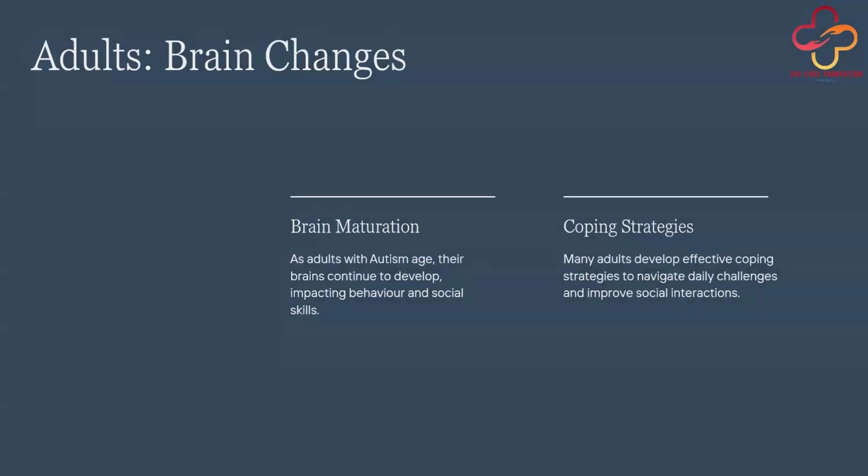In the adult age, we see brain maturation. As adults with autism age, their brain continues to develop. It is not that the brain is not developing or not learning from experiences and environment. It impacts behavior and social skills, but many adults develop effective coping strategies to navigate daily challenges and improve social interaction.